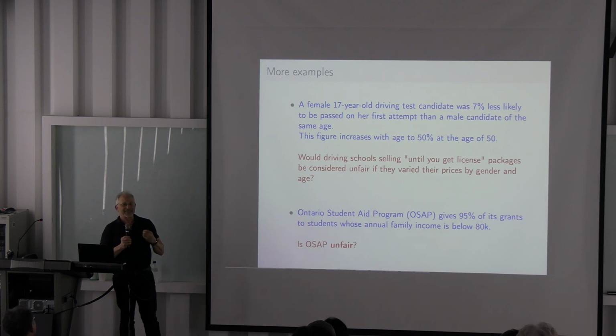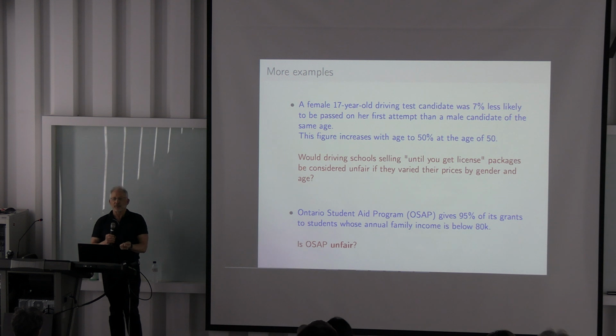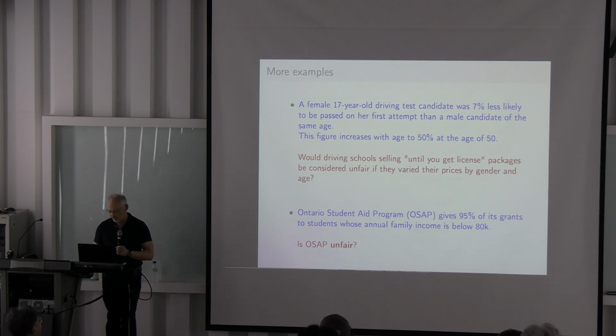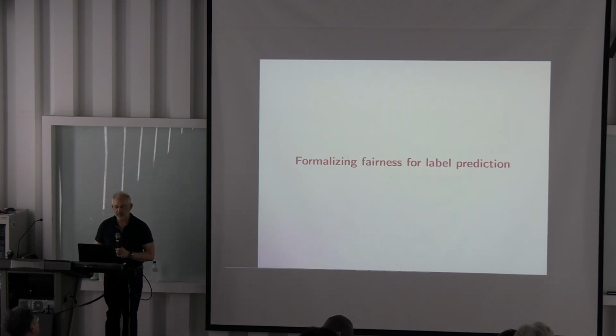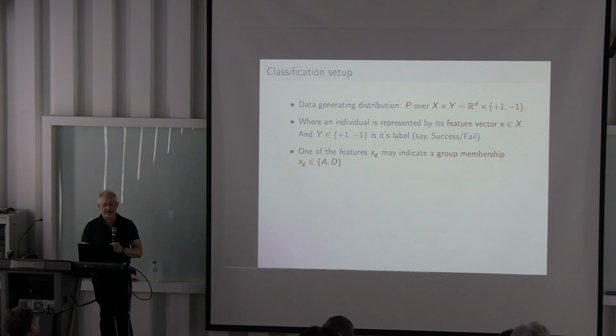And I'm not asking for an answer, I just want to raise your awareness that this is a complicated issue. And we are trying to address it formally, to define and give precise answers to these complicated questions. Okay, so let me try to formalize it, and then we can discuss it more precisely.